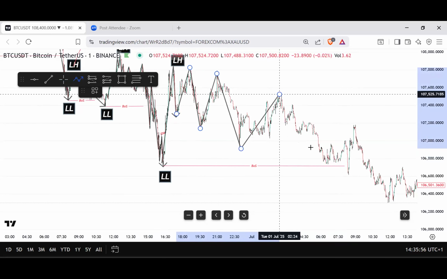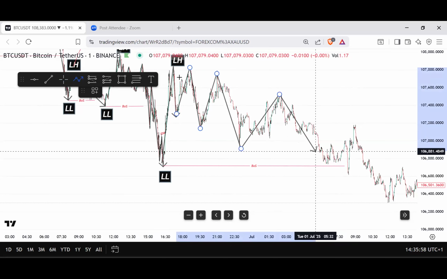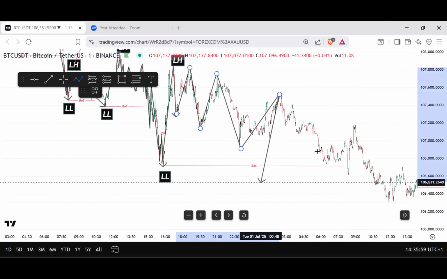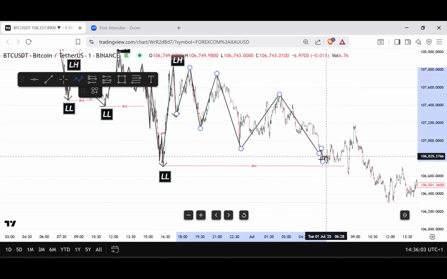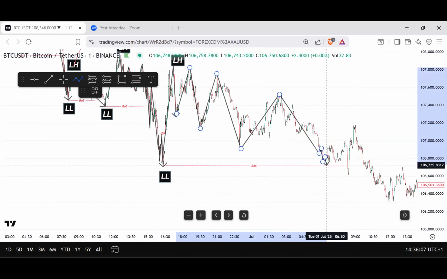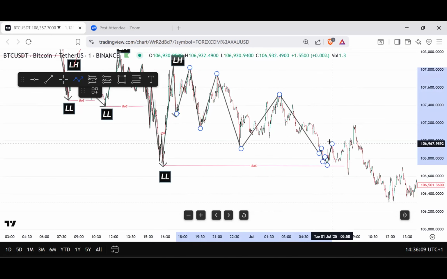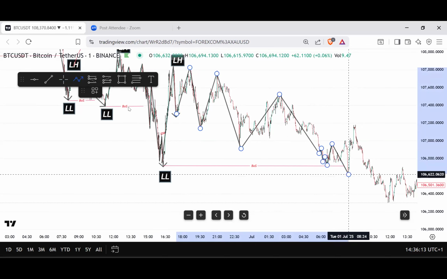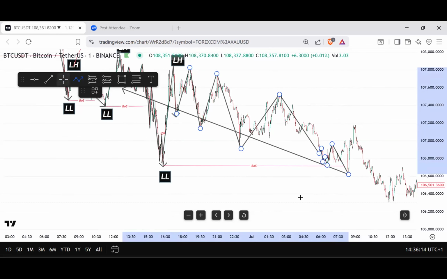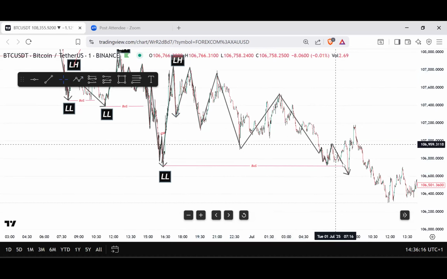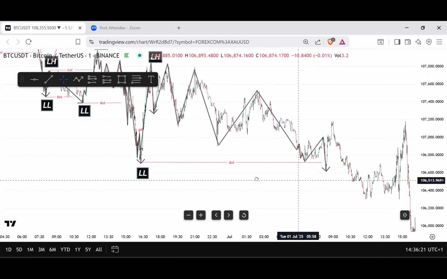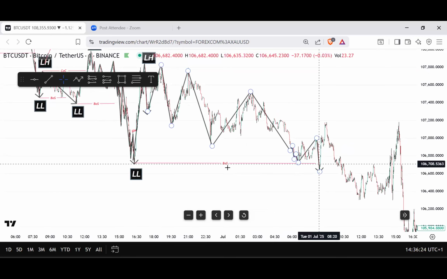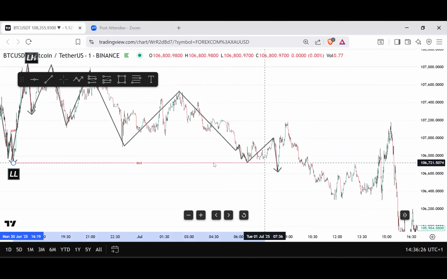Is that an impulsive move? Ah, sorry, I thought you were talking about inducement. Okay, that's an impulsive move. If you look at this, we have some internal inducement, but the inducement amount of structure.